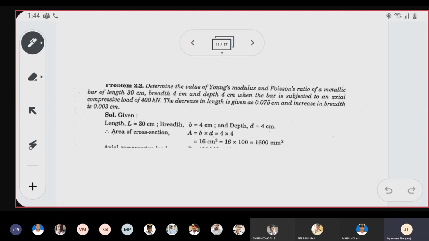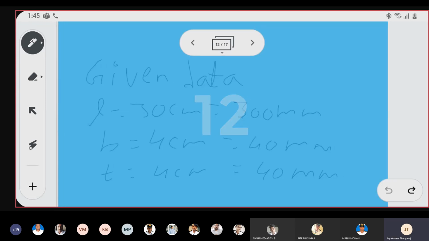You have to find Young's modulus and Poisson's ratio. Length, breadth, depth, change in length, change in breadth and load are all given. First maintain everything in mm.